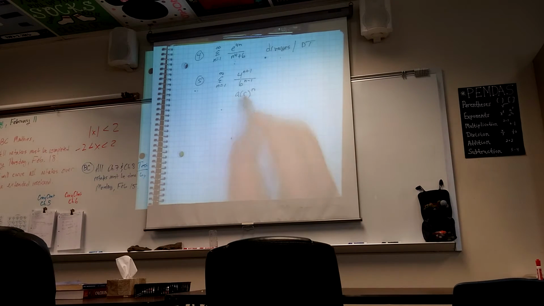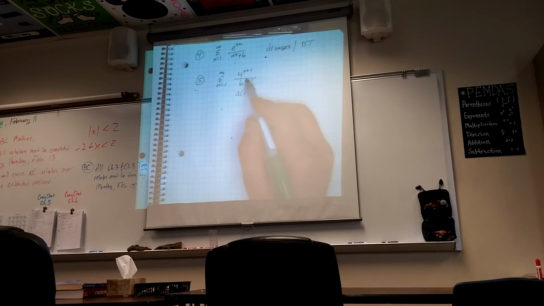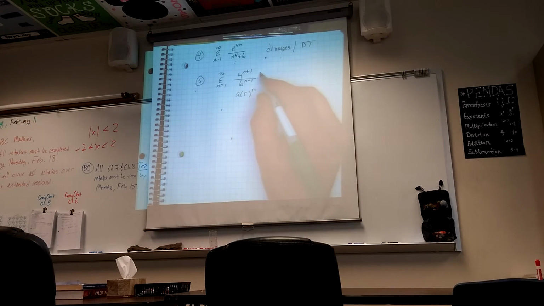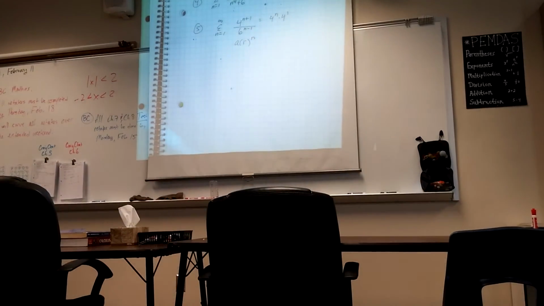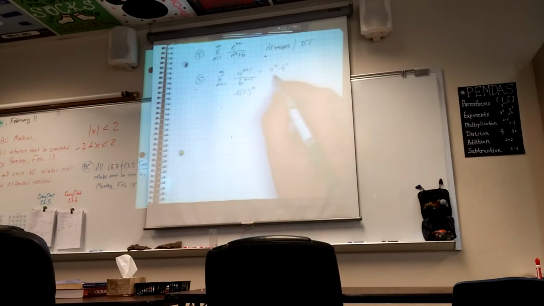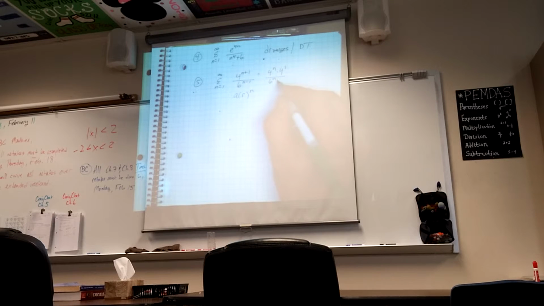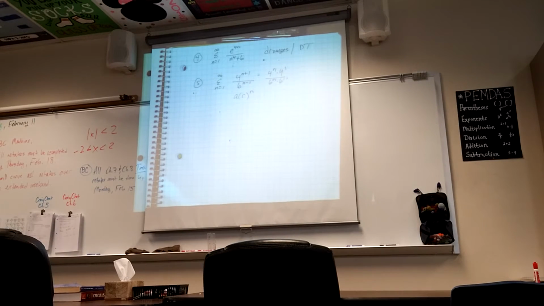Okay. So, what I need to do then is I need to use exponent rules. This right here is 4 to the n times 4 to the 1. And this right here is 6 to the n times 6 to the negative 1. So you notice that right here, that's your a value.